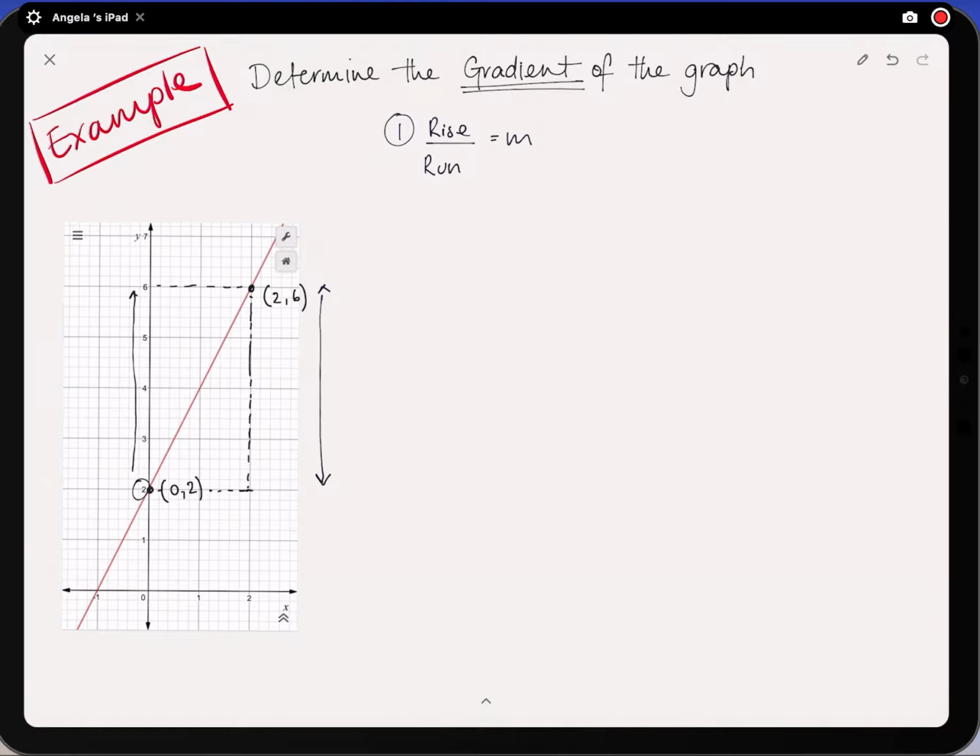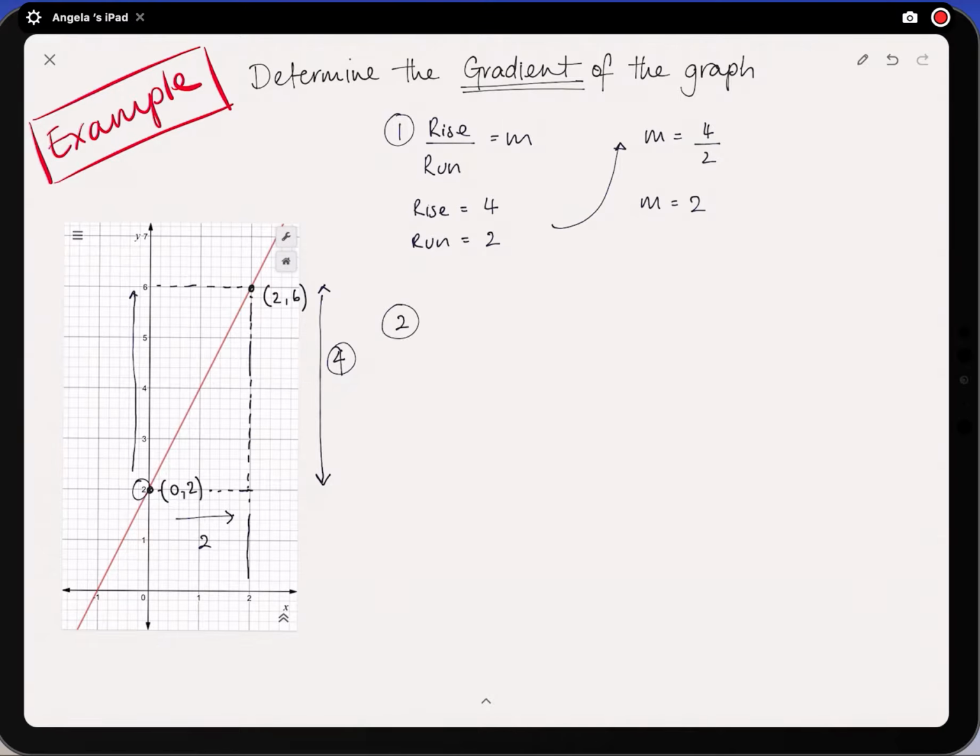So our rise is 4 because it's moved 4 units upward, and our run has gone from when x is 0 to when x is 2. So it has shifted 2 units. So if our rise is 4 units and our run is 2, then our gradient will be 4 divided by 2, so m is equal to 2.